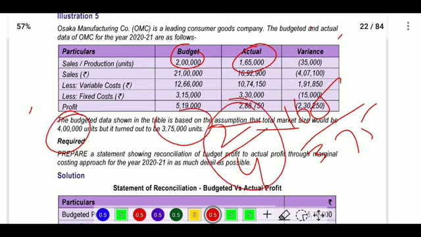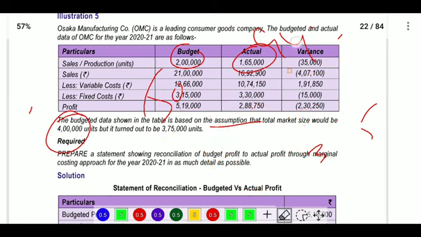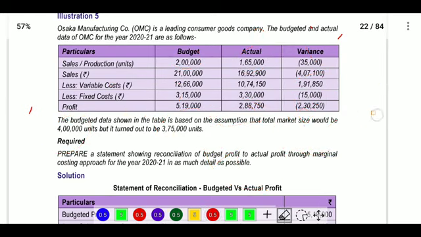So 2 lakh divided by 4 lakh and 1,65,000 divided by 3,75,000. The percentage will be 50% in the budgeted case, and the actual market share will be 44%. Okay, now we want the reconciliation statement. We will calculate the contribution.